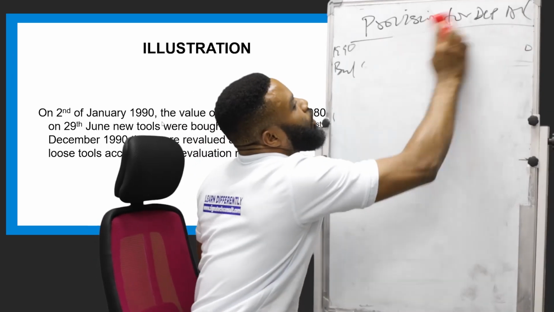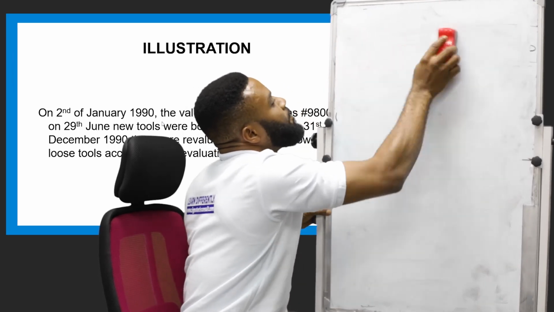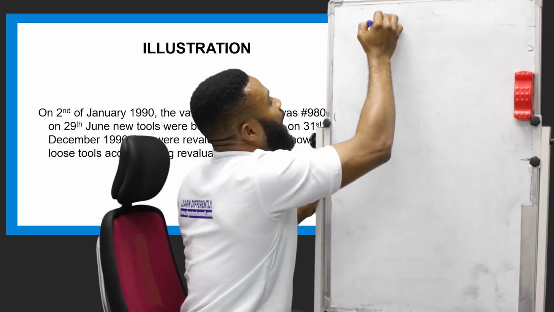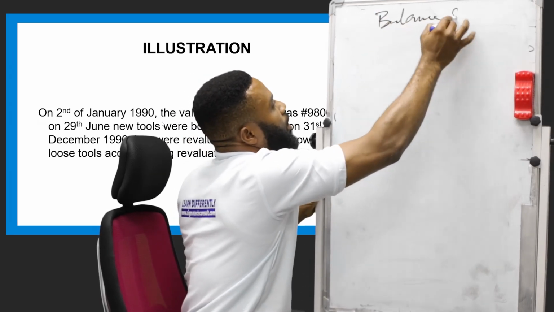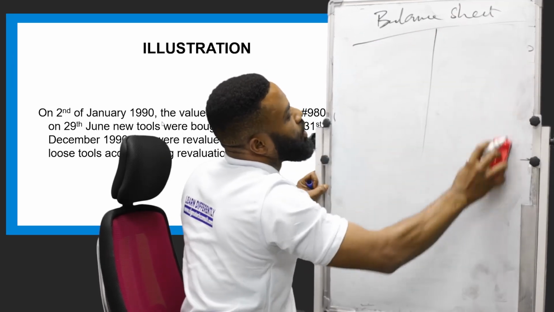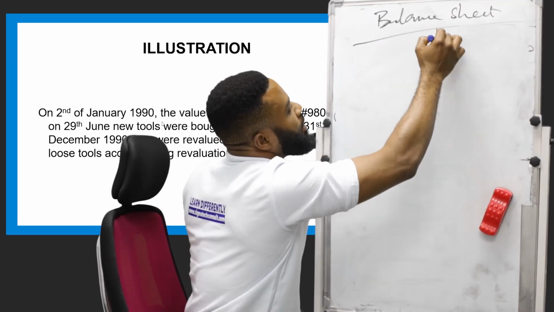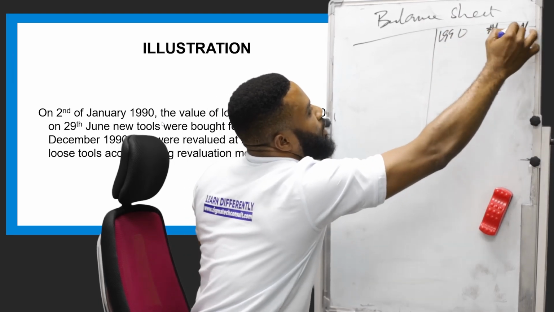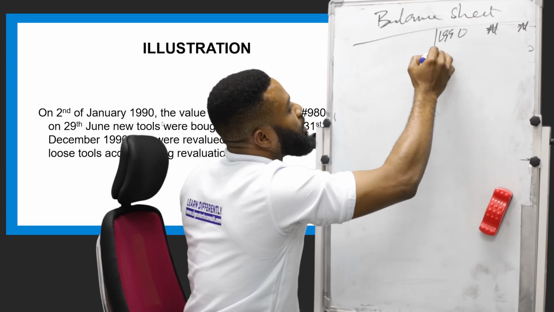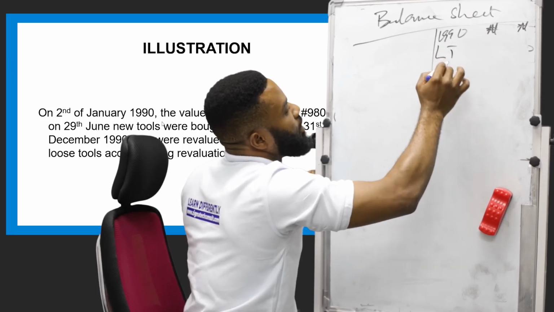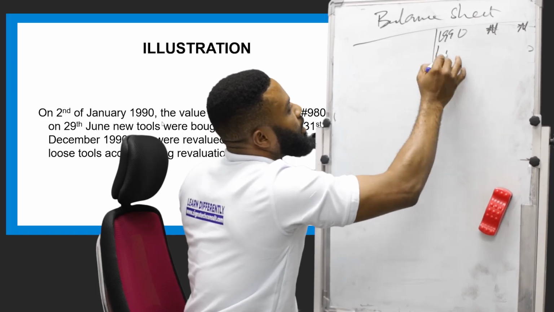And then the last but not the least is the balance sheet. The balance sheet, which is the same thing, you have the year 1990, and then you have your two values here. You have the asset, which is what? Loose tools, LT. Let me write it in full.